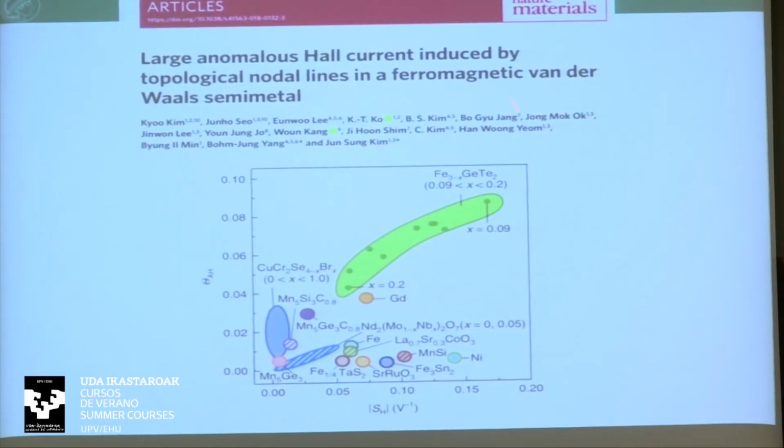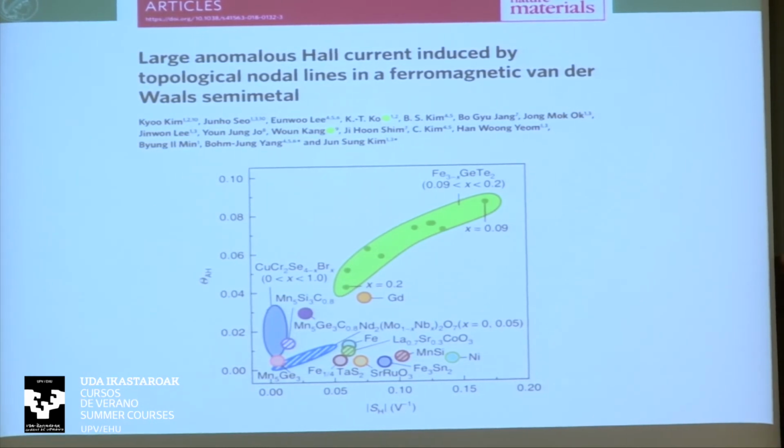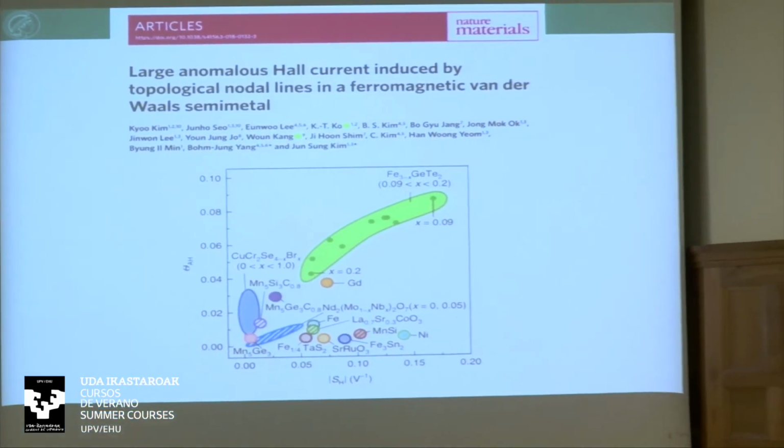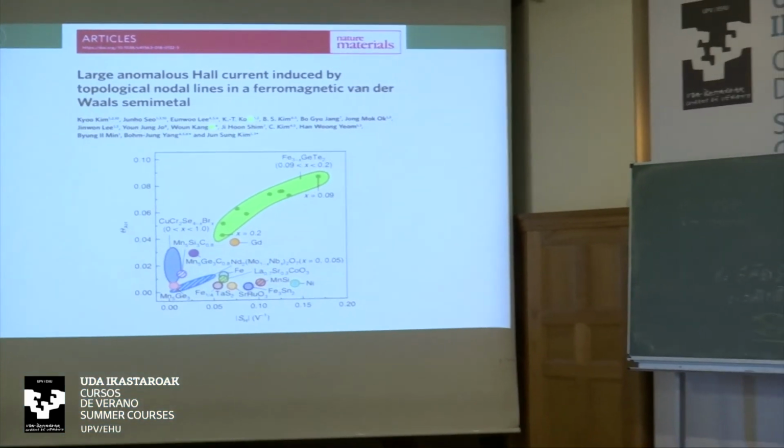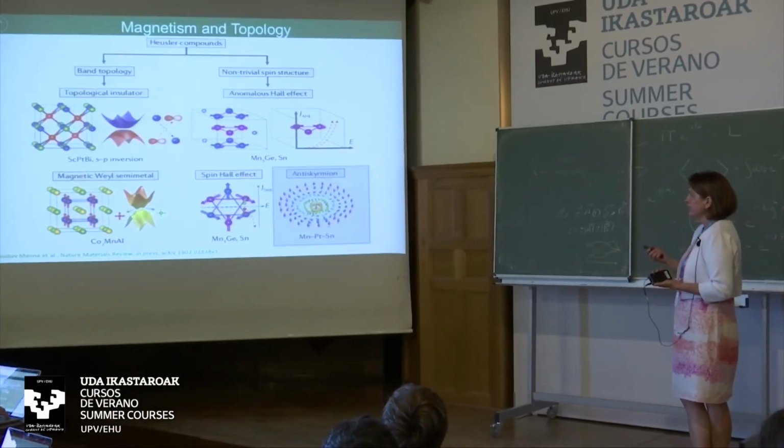Another paper published this week shows the 2D material iron 3 germanium tellurium 2, which also has a large anomalous Hall angle, up to 10%, which shows there may be more materials if we go to the 2D limit. If we make them as thin films, we might have a quantum anomalous Hall effect at higher temperatures than in doped bismuth selenide.